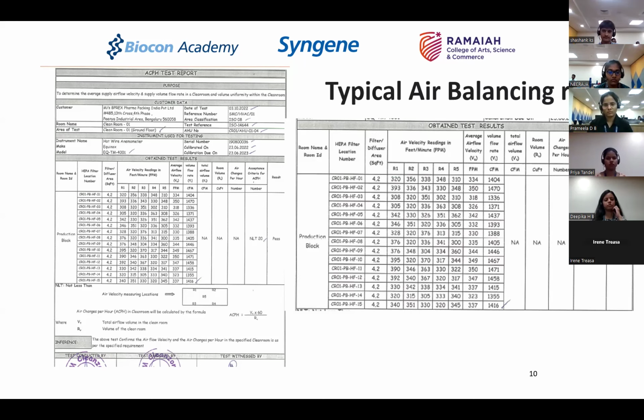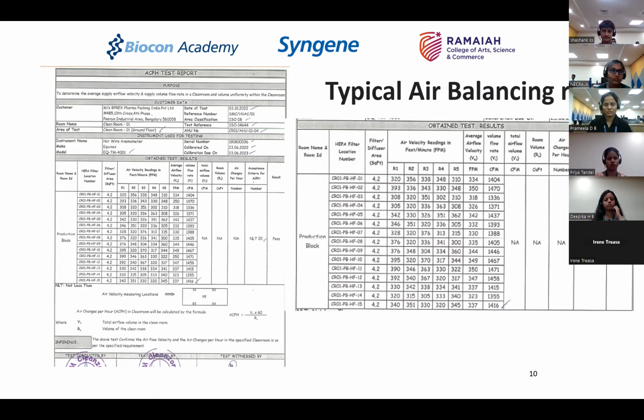Thereby, we are achieving the required particle count and microbial count, and everything is kept within the acceptable limits. This is the typical airflow balancing sheet.